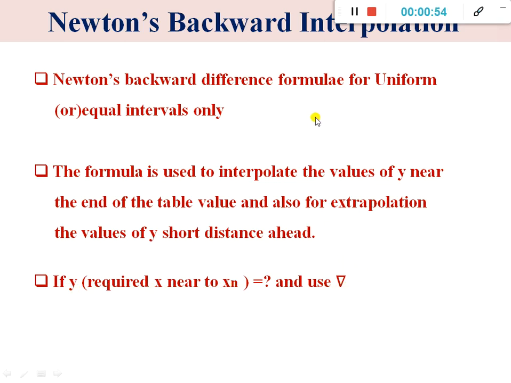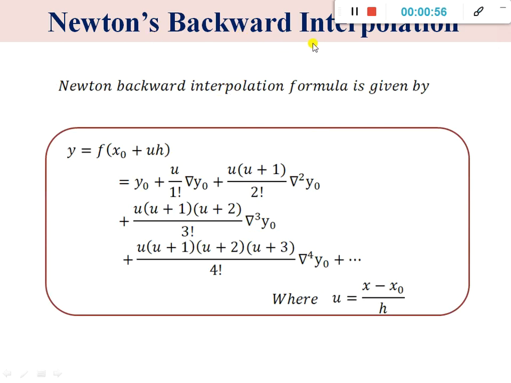So the formula for Newton's backward interpolation is y is equal to f of x naught, which is equal to y naught plus u by 1 factorial delta y naught plus u into u plus 1 by 2 factorial del square y naught plus u into u plus 1 into u plus 2 by 3 factorial delta cube y naught plus u into u plus 1 into u plus 2 into u plus 3 by 4 factorial into delta power 4 y naught plus and so on.